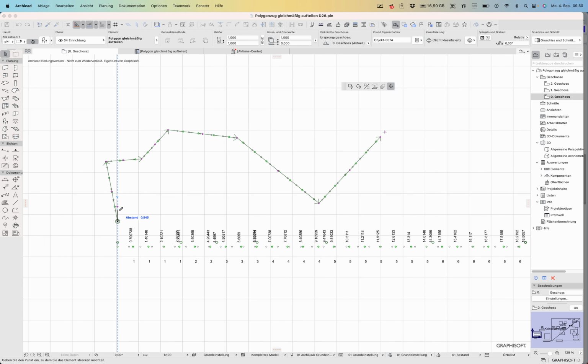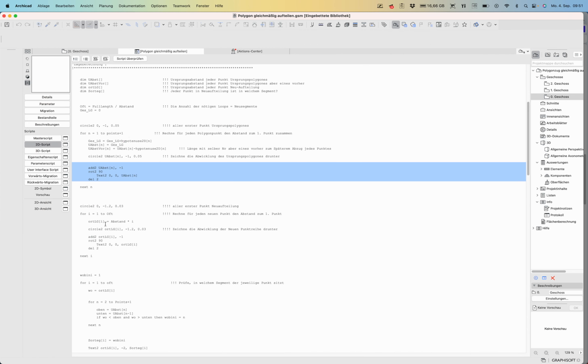This distance, this Abstand in German, is following here. And I had to look in which segment these little following Abstand points are. You can see it here. It's segment 1, segment 2, segment 3.